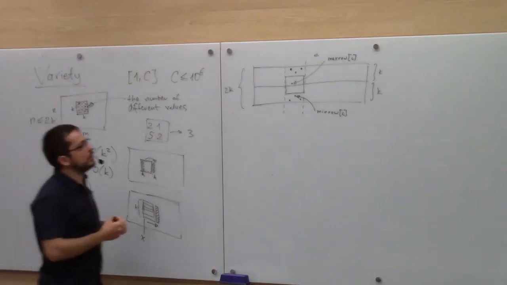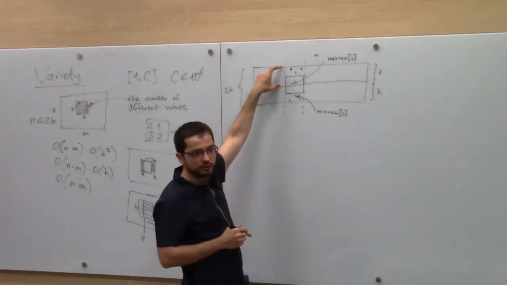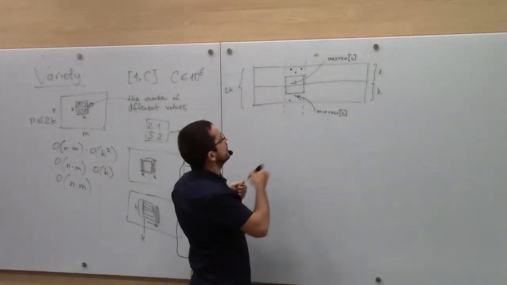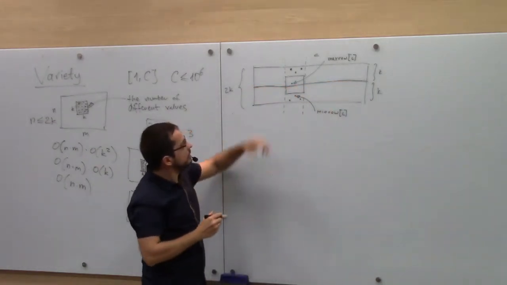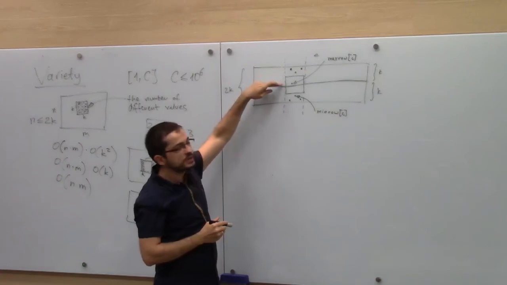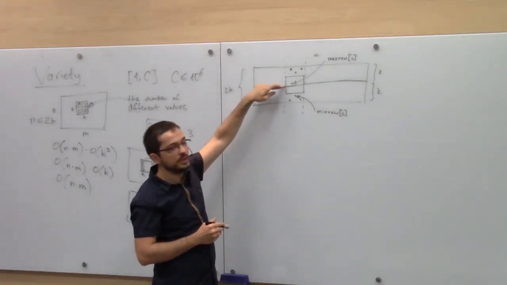For the max row, we are only considering values C in the upper strip, and we are interested in the lowest row in which this element appears.